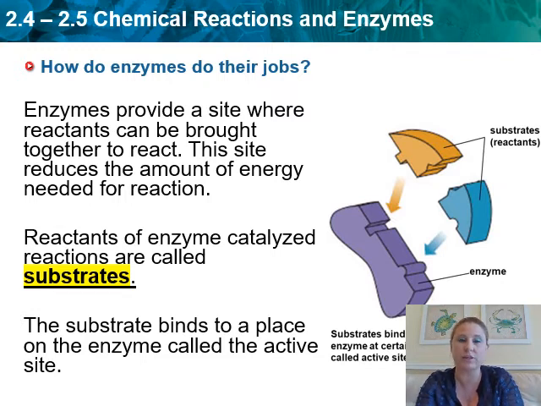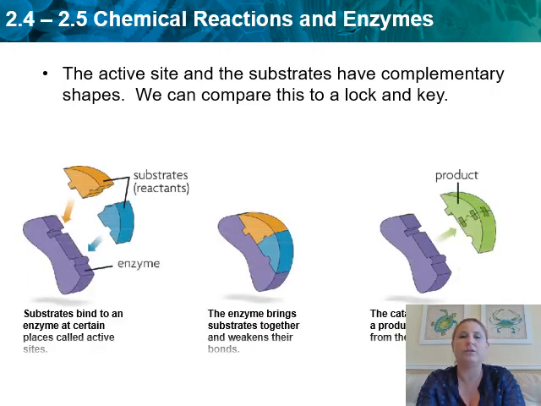So the most important thing for you to remember on this is that enzymes are biological catalysts. They speed up the chemical reaction. And they do this by providing a place for those reactants to go through the chemical reaction process. The active site and the substrates have a complementary shape, all right? They don't all fit together.